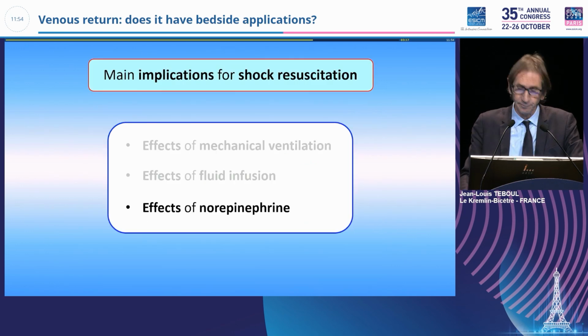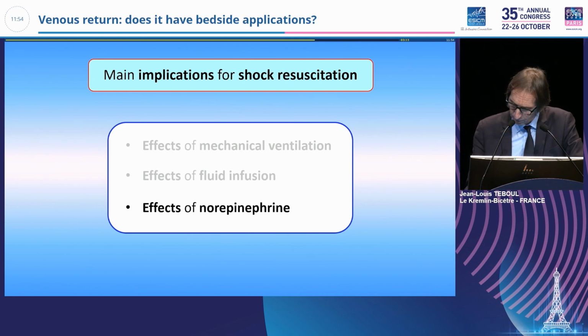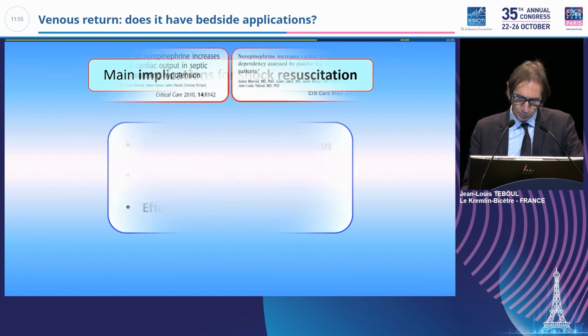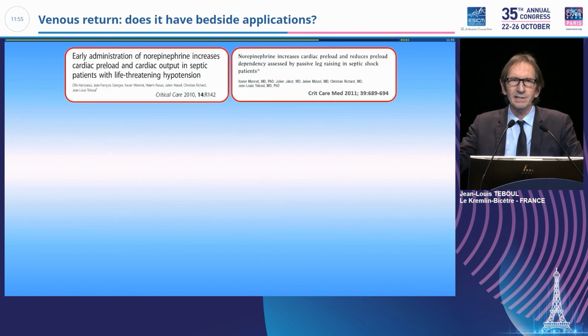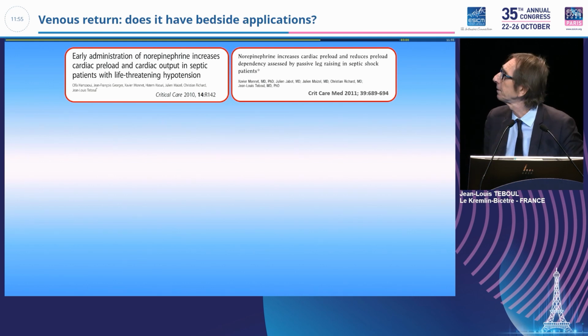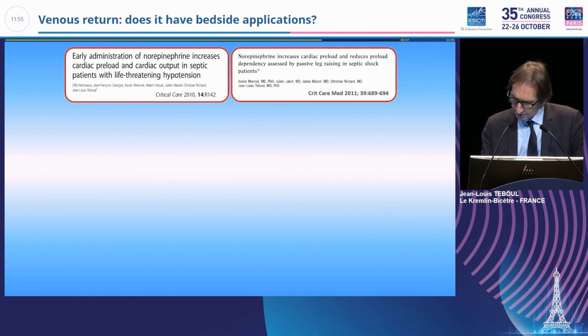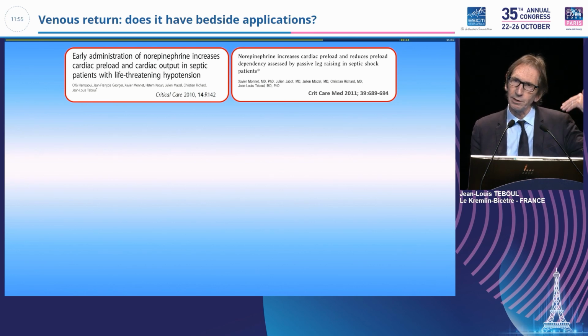What about the effects of norepinephrine now, which is also an usual treatment for patients with vasodilatory shock? It is interesting because the effects are a little bit more complex. In these two papers we did with Olfa Mzawi and Xavier Monet in the past, we looked at the effects of early administration of norepinephrine on preload parameters and preload dependency.